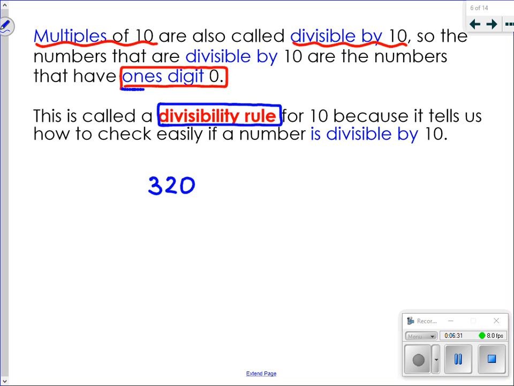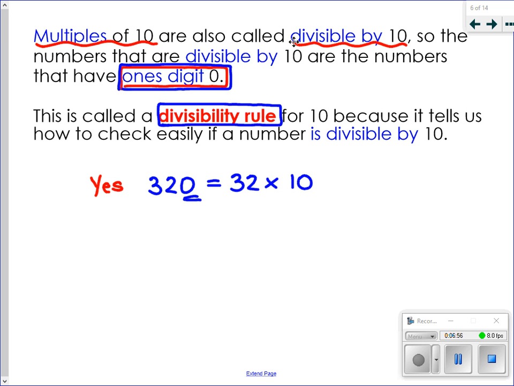In other words, any numbers that have a ones digit 0 would be divisible by 10. So this number would be 32 groups of 10. So it is a multiple of 10. It has ones digit 0. So yes, this number would be divisible by 10. You could divide 320 by 10, and you get 32.